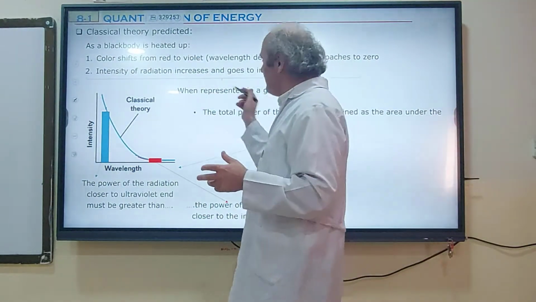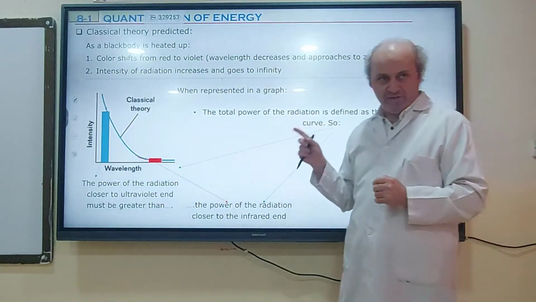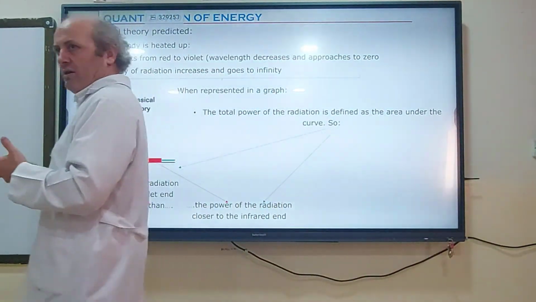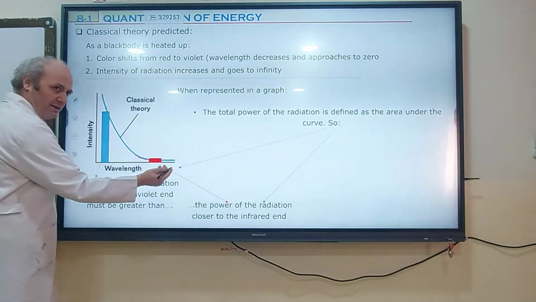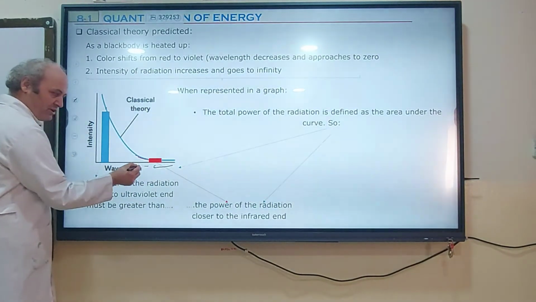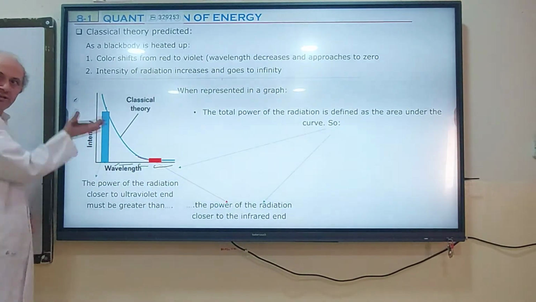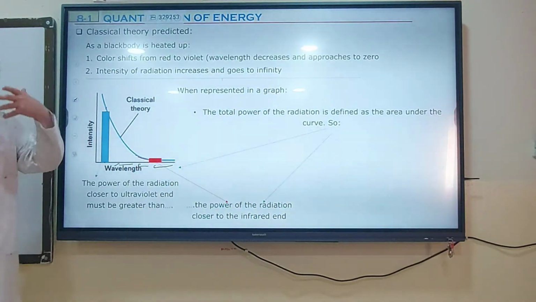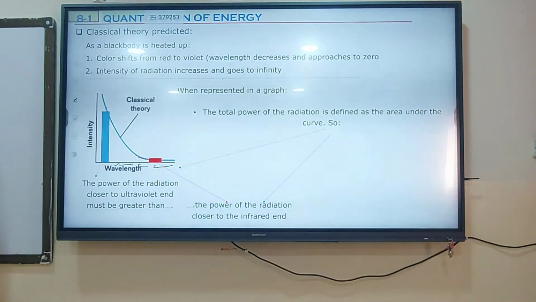So if we represent these two results by a graph, this is going to be the graph. As you see, as the Blackbody is heated, wavelength decreases and goes to zero. But by that time, intensity of the light increases and goes to infinity.